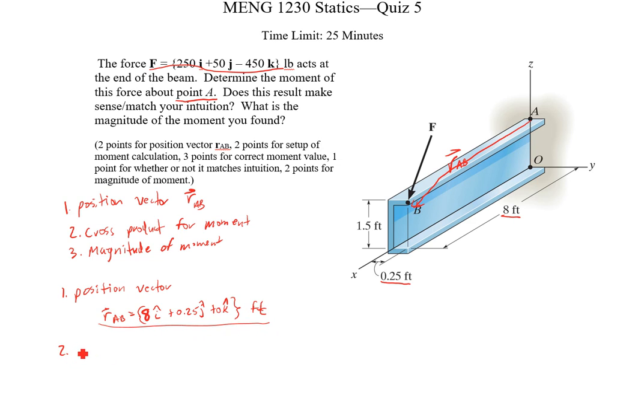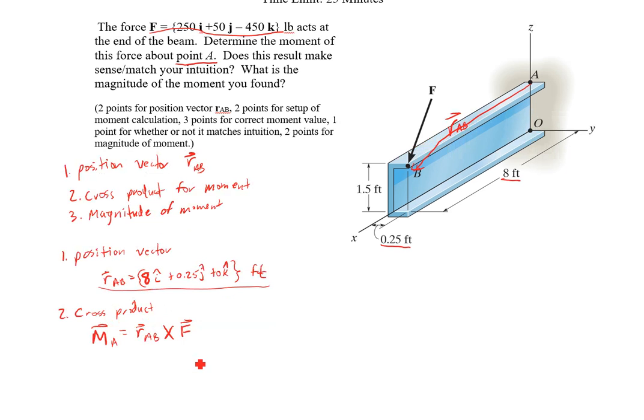Step 2, our cross product. Our moment about point A is going to be RAB cross F. In determinant form, we have i hat, j hat, k hat.